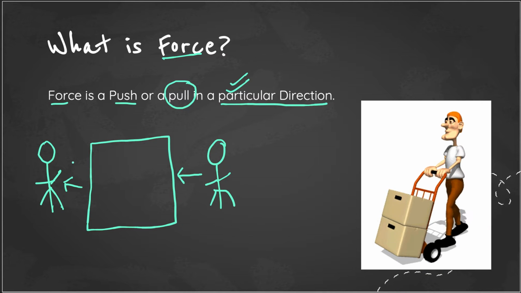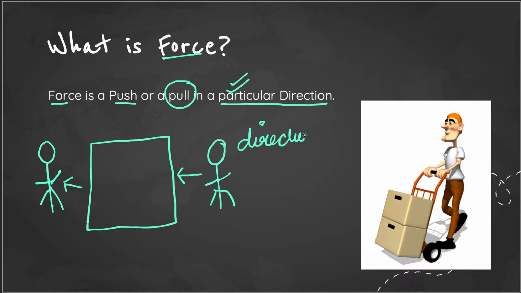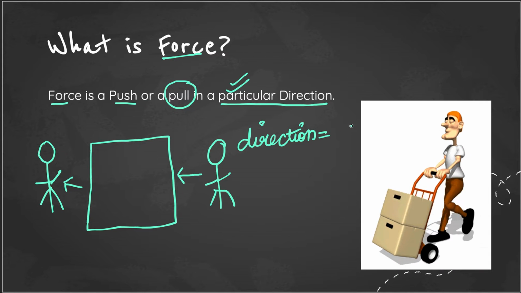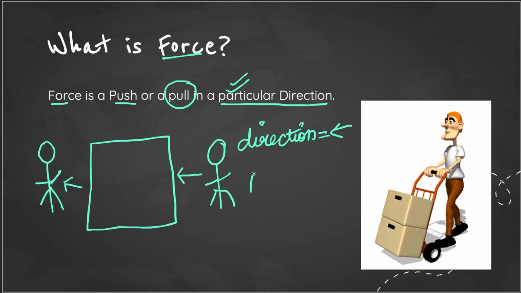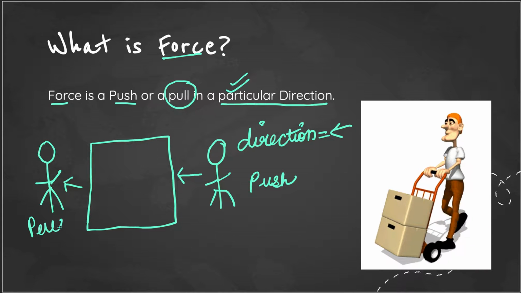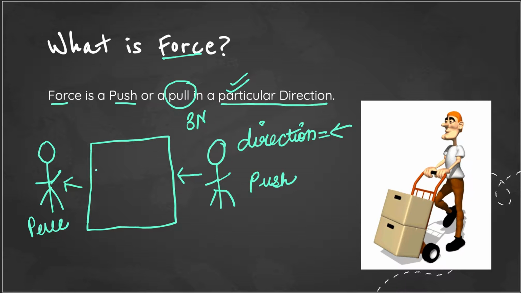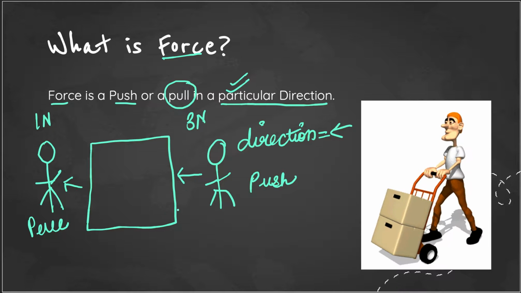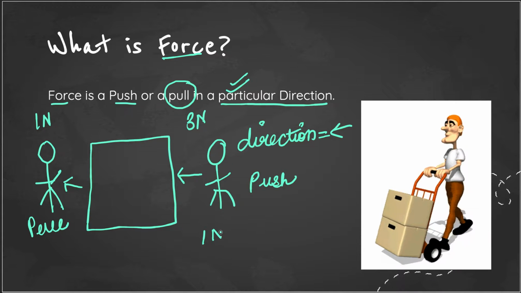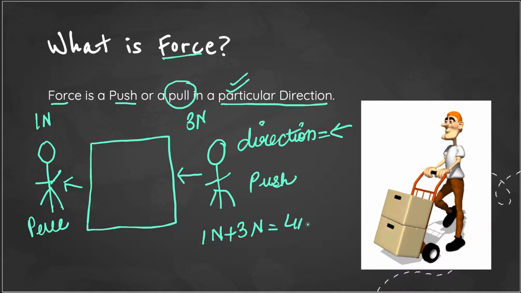So the net direction which comes out from both of them is this side, because one is applying a push on this side, whereas another is applying a pull on this side. For example, if this person has a force of 3 Newton and this person has a force of 1 Newton, the net force becomes 1 Newton plus 3 Newton, which comes out to be 4 Newton.